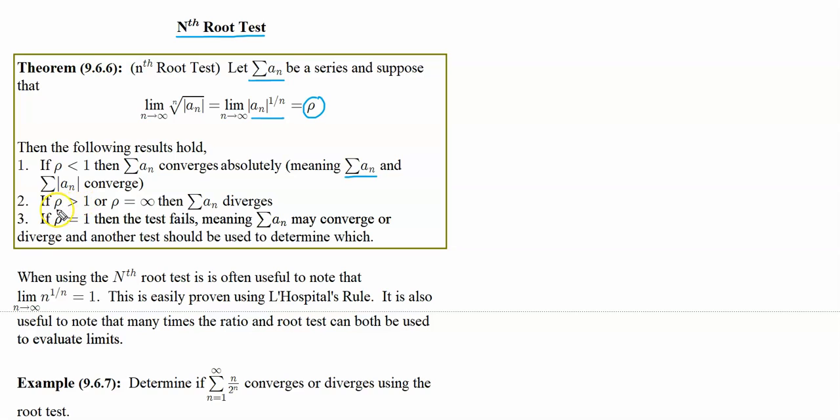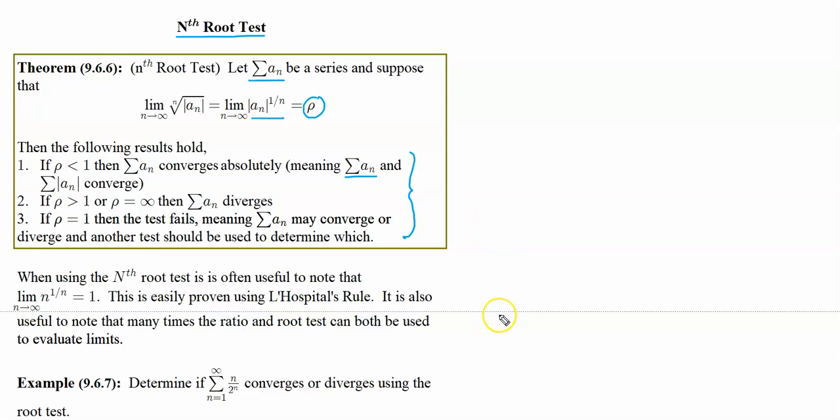On the other hand, if rho is larger than 1, or rho is equal to infinity, then the series diverges. And if rho equals 1, well, once again, the test fails, meaning that the series may converge or it may diverge. You need to use another test to determine which. So you notice that these three cases are exactly the same as the ratio test.